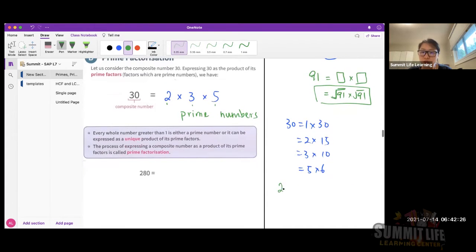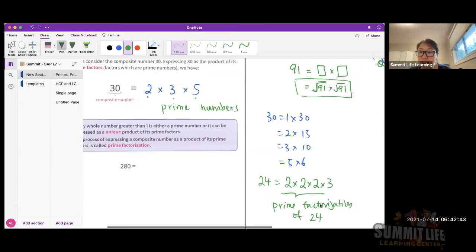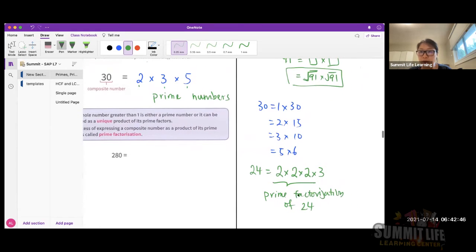So for 24, we can write it as 2 times 2 times 2 times 3. We say it is a prime factorization of 24. We break down 24 by prime numbers in the form of their products.